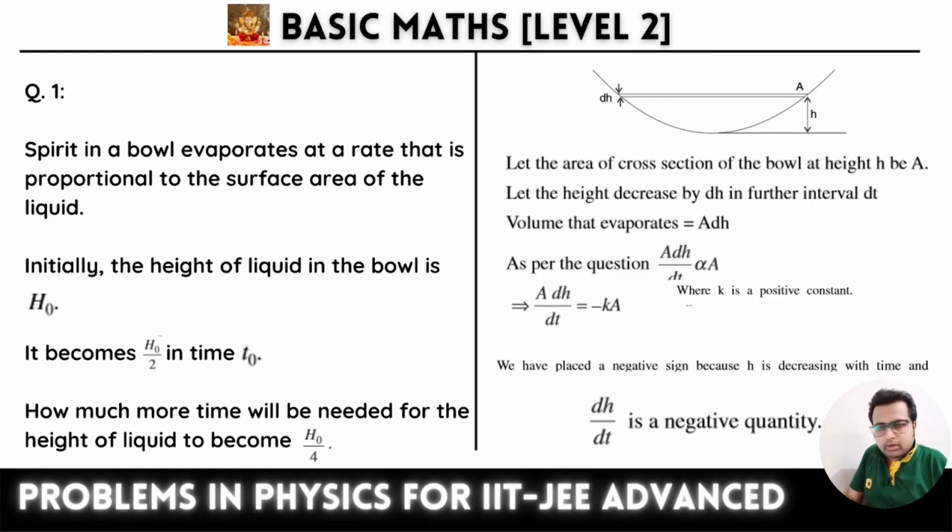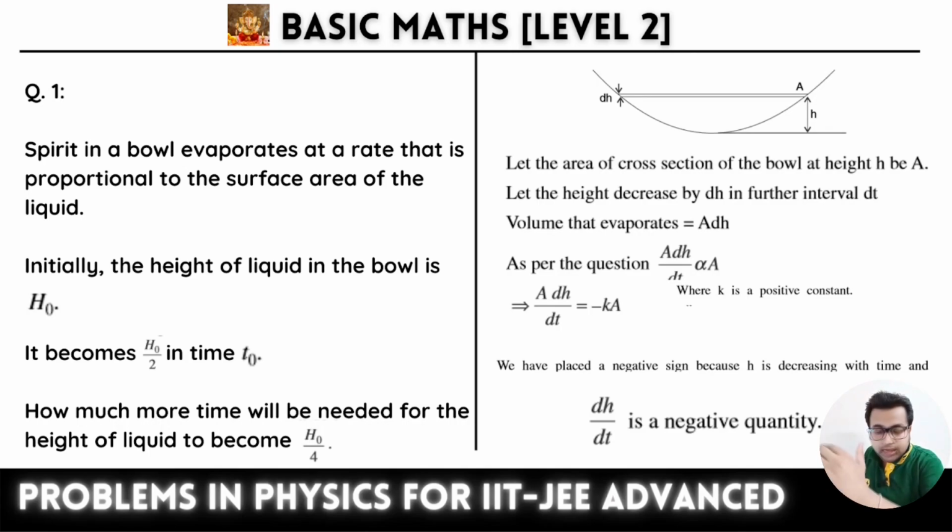So if you look into this diagram of the ball, you can very easily see that we let the area of cross section of the ball at height h be capital A. Because the beauty is that in the ball, at different heights the area will be different.